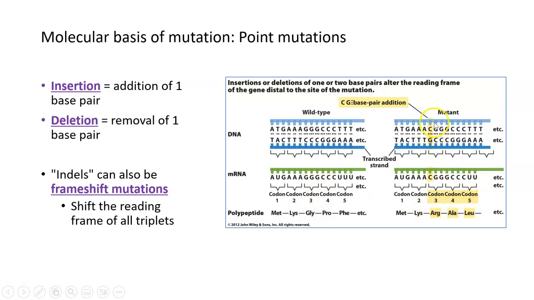So by inserting one single additional base pair, you've shifted the entire reading frame, the organization of the codons or triplets, and you've also shifted the types of amino acids that are going to be made in that protein. Insertions and deletions are typically referred to as frame shifts because they're able to shift the reading frame of the entire protein.